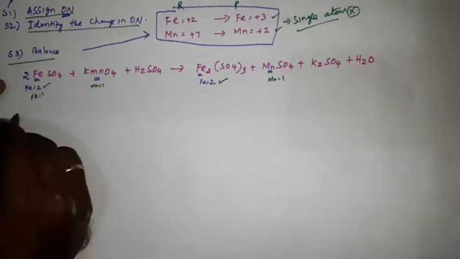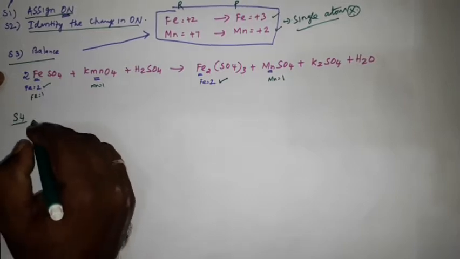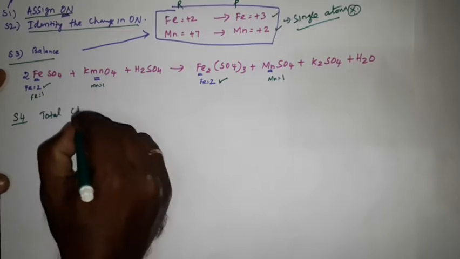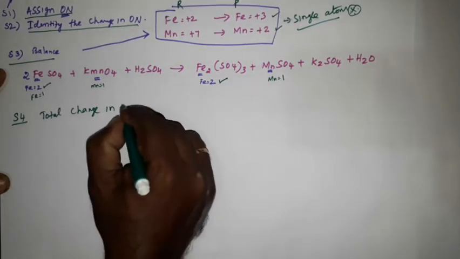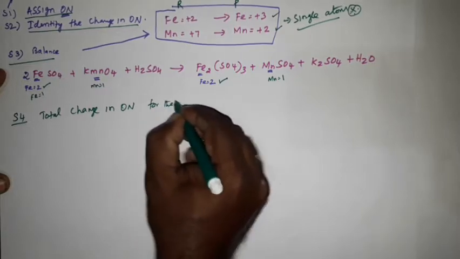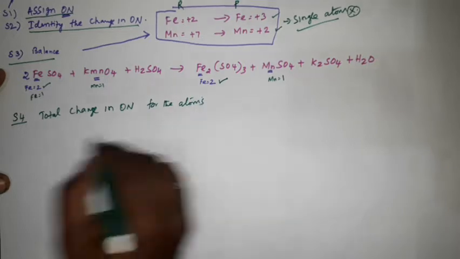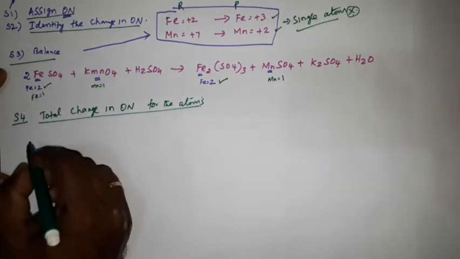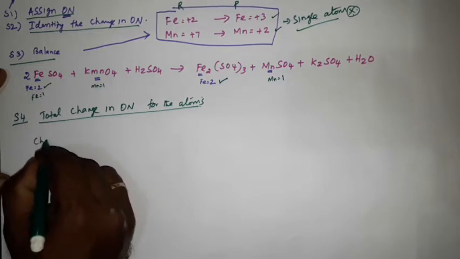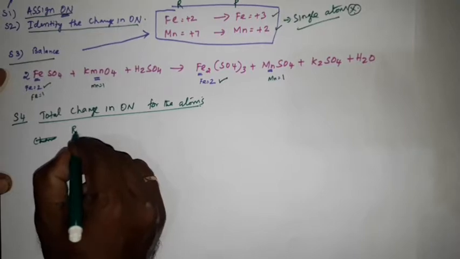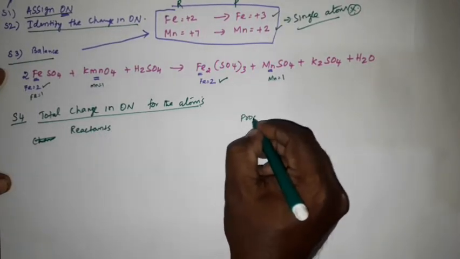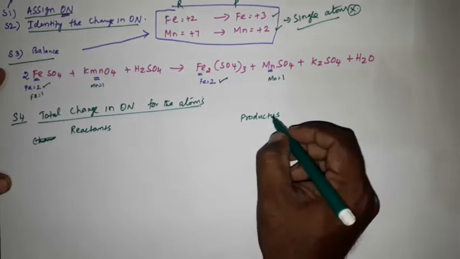So now step 4. Here you are going to calculate the total change in oxidation number for the atoms. Now this is reactant side and this is product side.